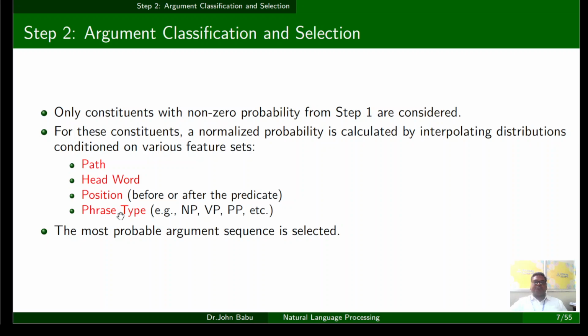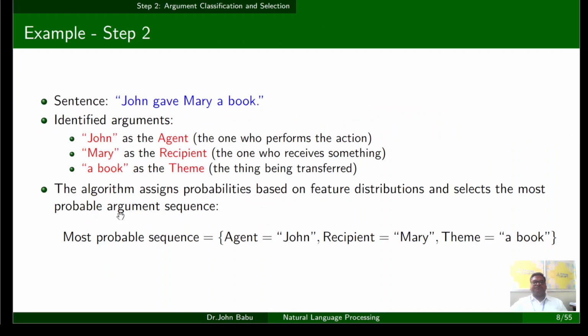And once that probability table is generated, we can classify the arguments. So John will be classified as the agent, Mary as the recipient, and book as the theme.